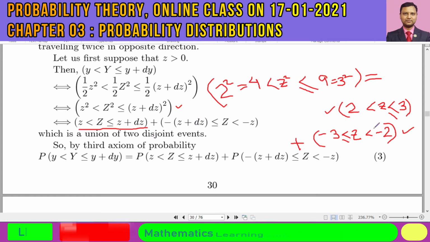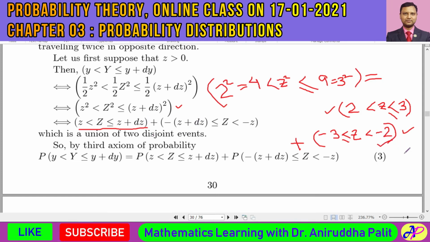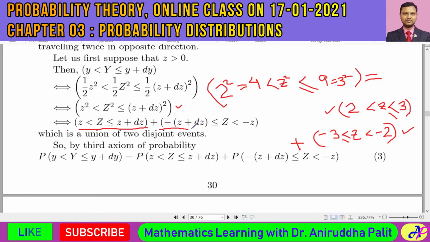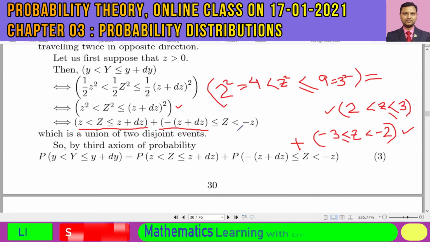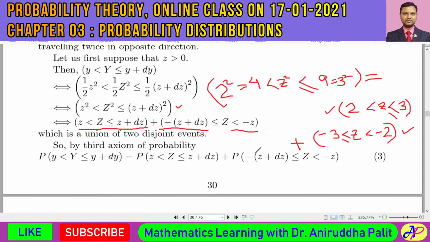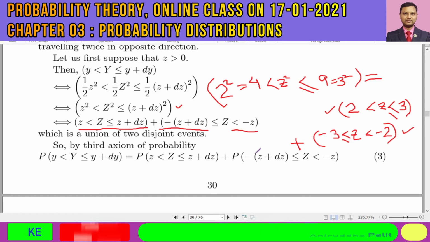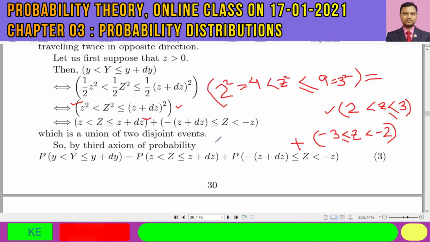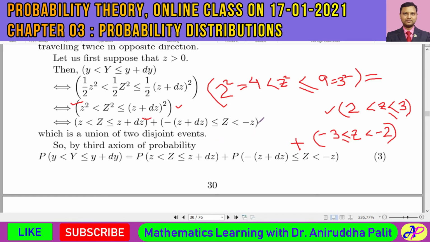And over here the second segment of this inequality, that is actually minus 3. This is the representation of minus 3 less than or equal to Z less than minus 2. Okay, so in this way we can prove that the event represented by this kind of inequality is actually the union of this event plus this second event.